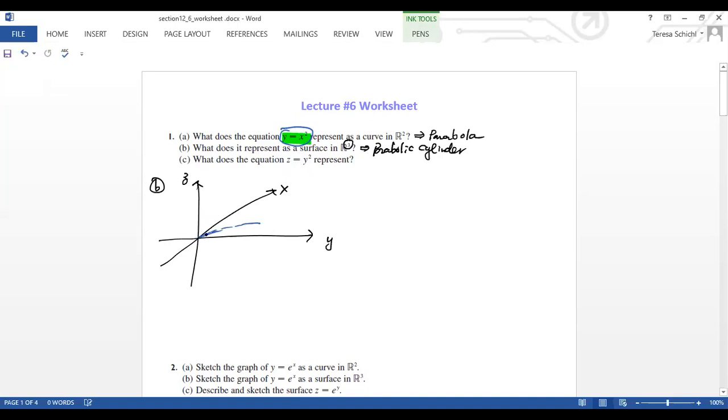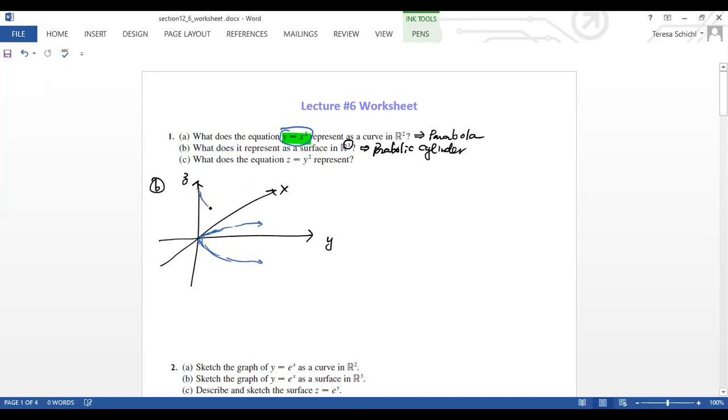You're going to have a parabola, right? So you're going to have a parabola in the x and y axes here. And since I don't have z, I know my graph is going to be parallel to what? My graph is going to be parallel to the z-axis here, right?